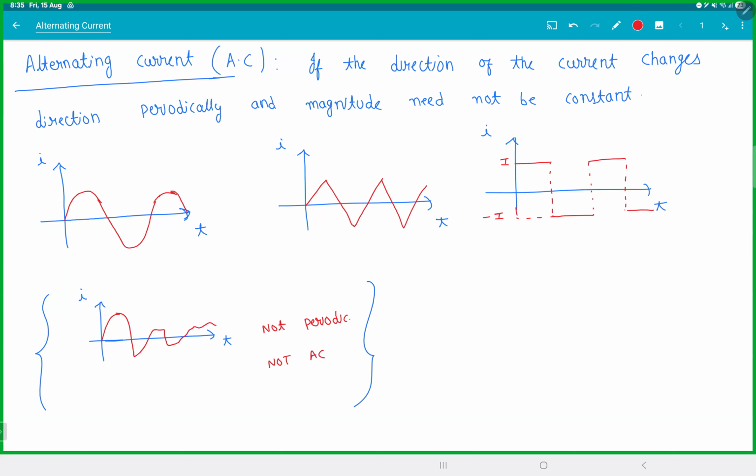It's changing direction, but it is not changing periodically.